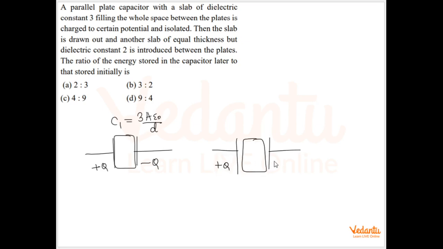So finally the charge will still remain the same, but the capacitance will now become 2A epsilon naught by D. Now in the first case, energy will just be Q square by 2 times C1. In the second case, energy will be Q square by 2 times C2.